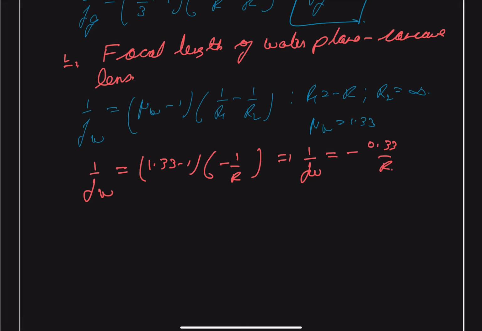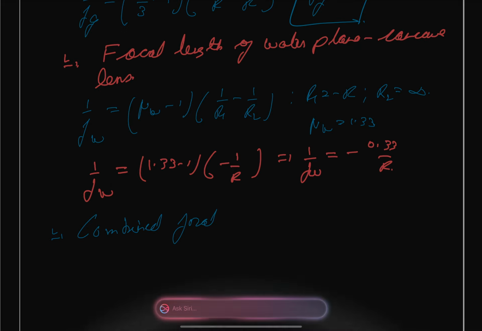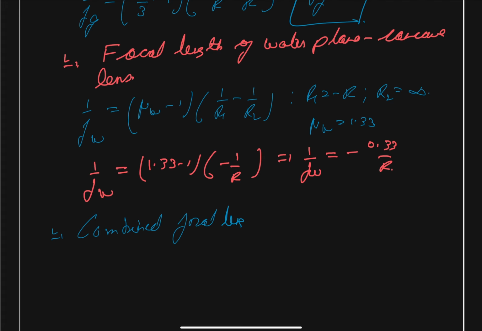Now we can find out the combined focal length of both combination, which is 1 upon F is equal to 1 upon Fg plus 1 upon Fw.